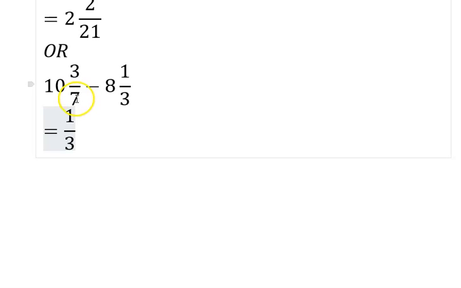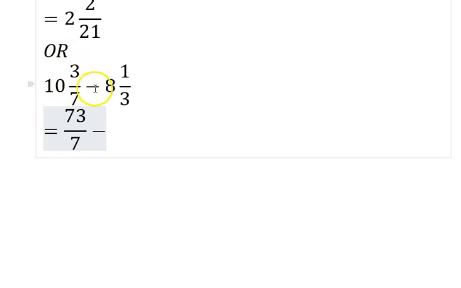Okay, let's quickly do that. 7 times 10 will give you 70. 70 plus 3 will give you 73. That's 73 over 7 that you have here.